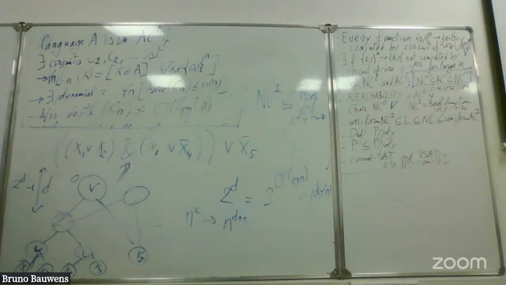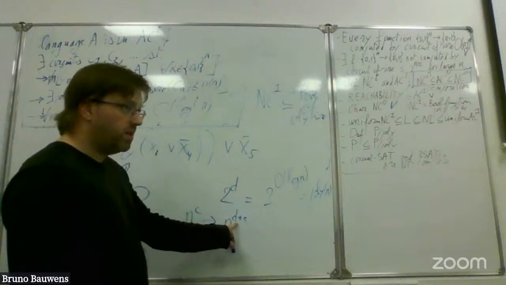Let's just convert this circuit into a tree. So we will have 2 to the power of d leaves, where d is the depth. So we multiply the size by n to the power d.